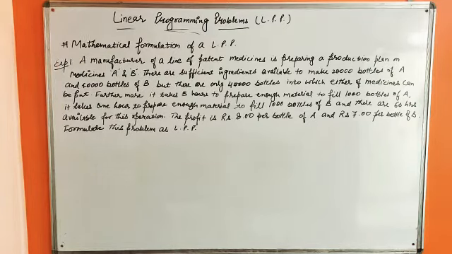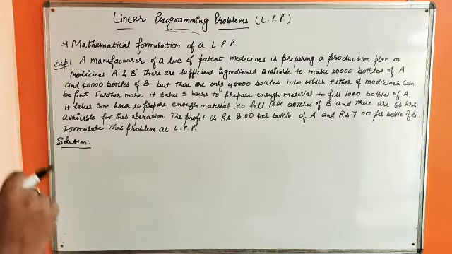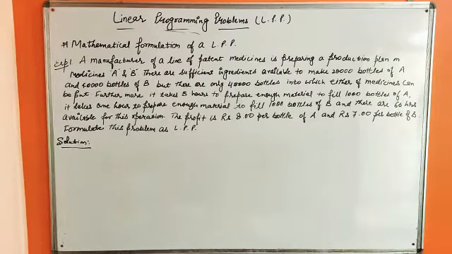So first we have to identify what we have to find. We have to convert this theoretical problem into a mathematical problem. So first find where the objective function is. The objective function contains either the cost or the profit.